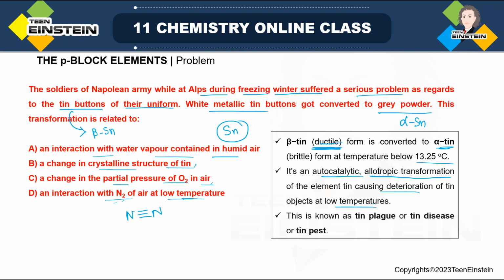Here the tin object is the tin button of the uniform, but it is true for any metallic tin. If it is at low temperature, there will be deterioration of this white tin form. This is known by different names: tin pest, tin disease, or tin plague. So B will be the correct answer, that is the change in its structure. Option B is correct.